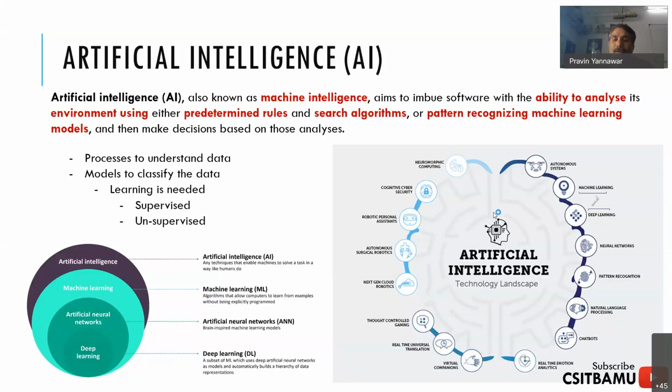Now, if you look at the AI technology landscape, you'll find that there are very good applications available. Say for example, defining autonomous systems. By autonomous system I mean taking a decision by itself. Just take a case like you have a rover and you have a drone.